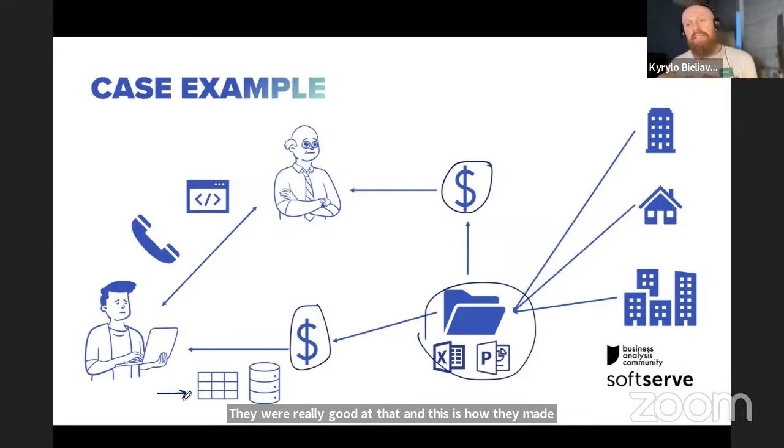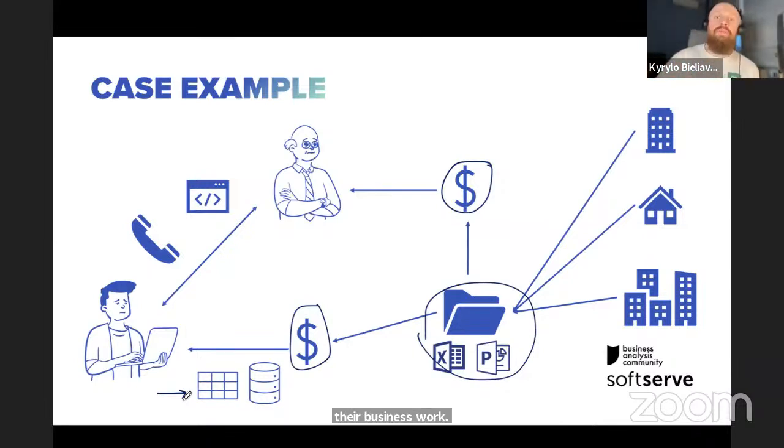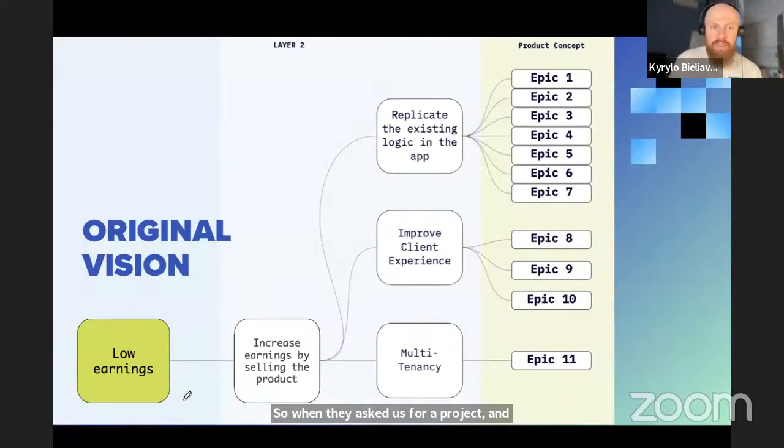Then they asked us for a project, and our initial view of that project was the following. After the pre-sale stage, we saw that their only concern was low earnings, and they wanted to increase earnings by selling their product.